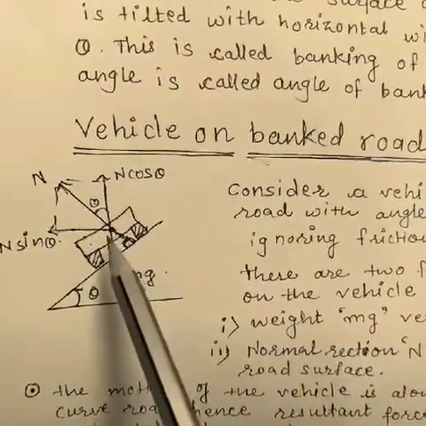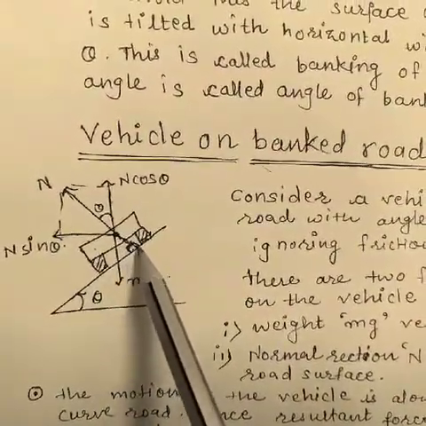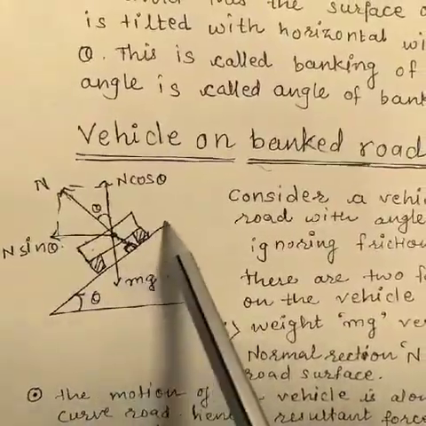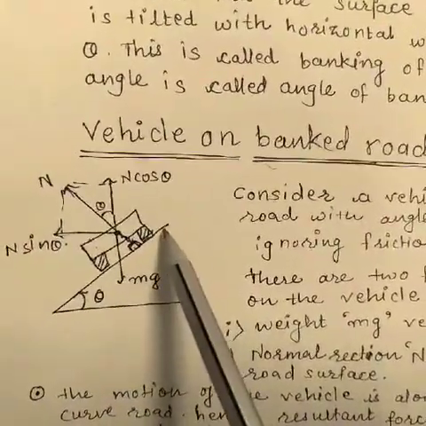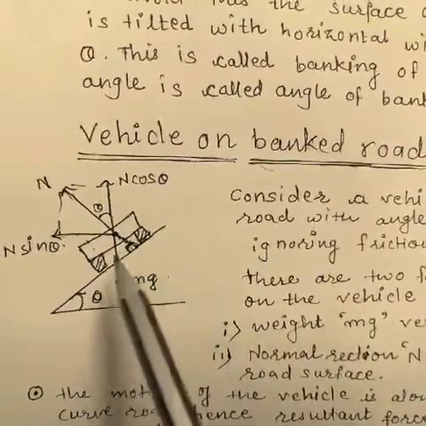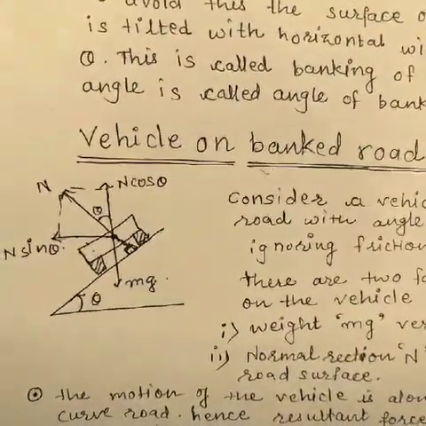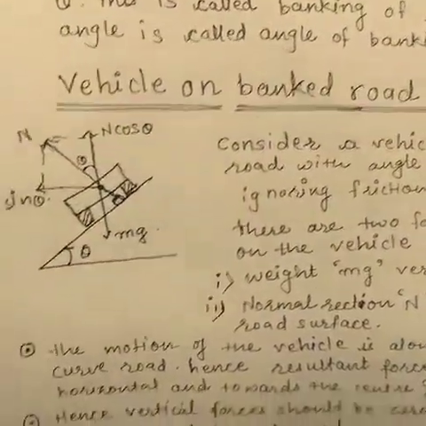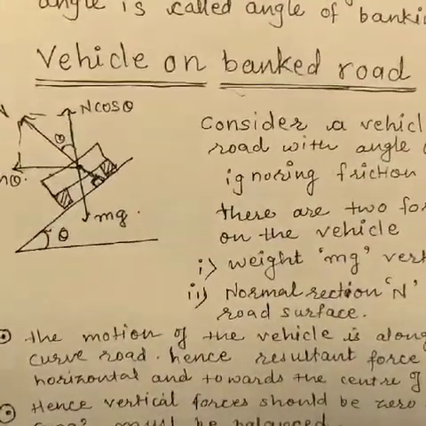If you extend this N, you can see it is perpendicular to the road surface. So these are the two forces acting on this vehicle: mg and normal reaction N.